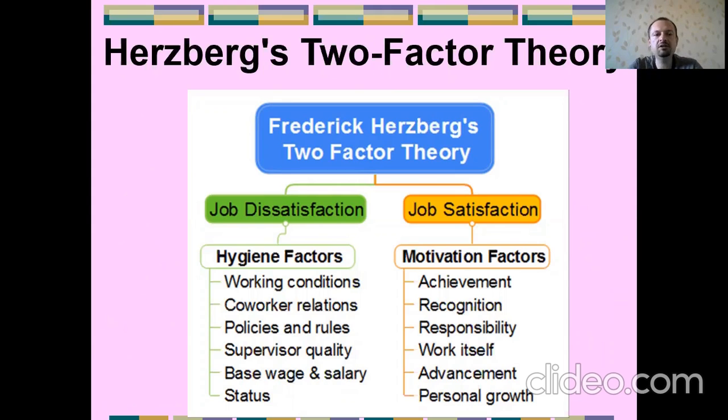The main idea of Frederick Herzberg was the following: it's not possible to motivate people with the help of some factors, but the absence of these very factors could lead to demotivating.